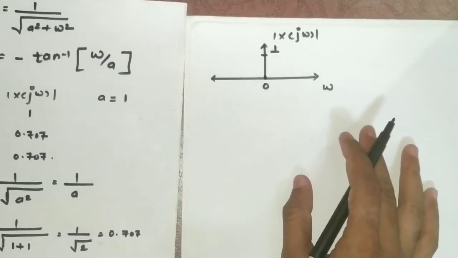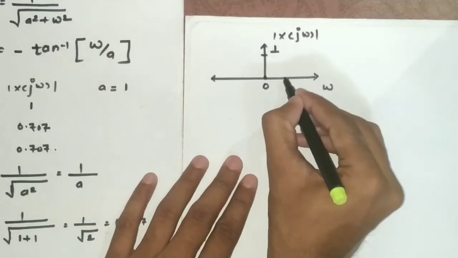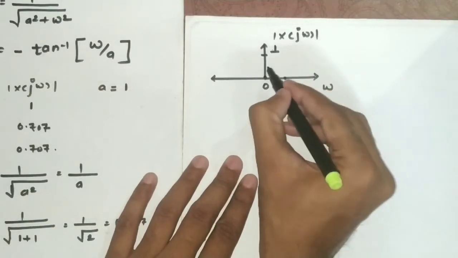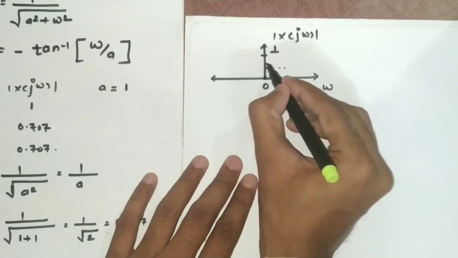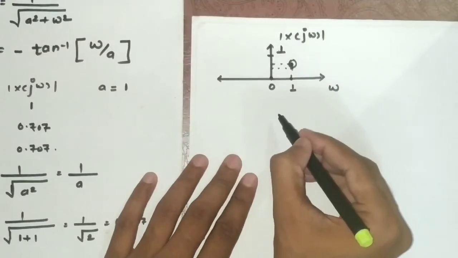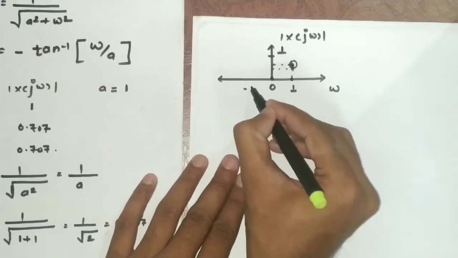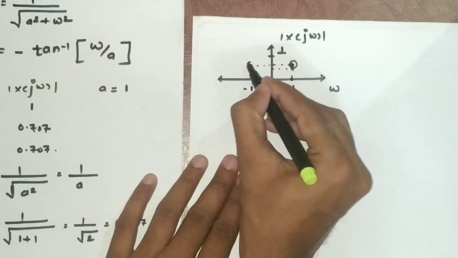Next we will plot. For 1 we are having 0.707. Suppose this is 1, so we are getting something around 0.707, so I can take near about this value. You can plot it using a scale also. Similarly for -1, the magnitude is the same, so we can have this term.